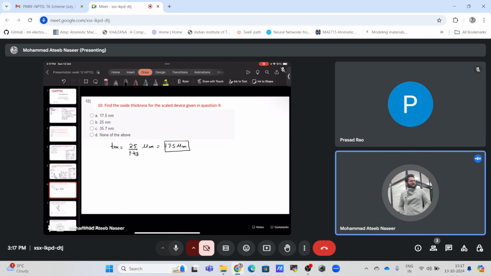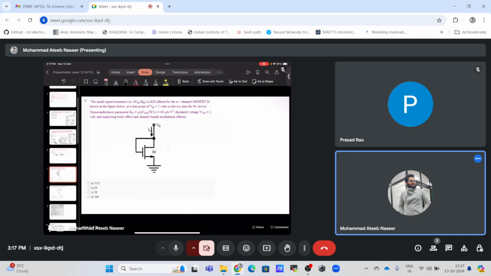Now I guess we will be mostly solving the problems related to the circuit, that is, small signal analysis.